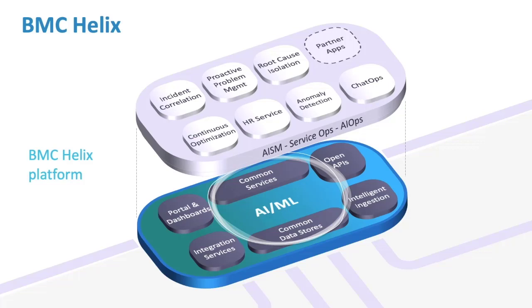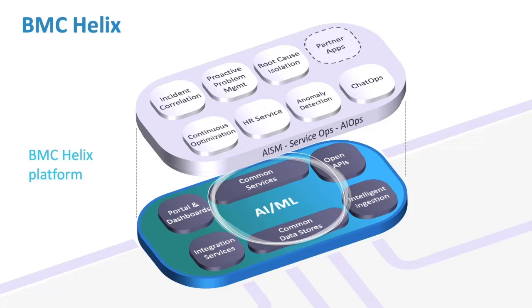We have integration services, we have open APIs, we have ingestion of data. So there's a rich set of microservices that form the entire BMC Helix platform. But again, at the core, of course, is our AI foundation that really optimizes a number of these workflows, right?